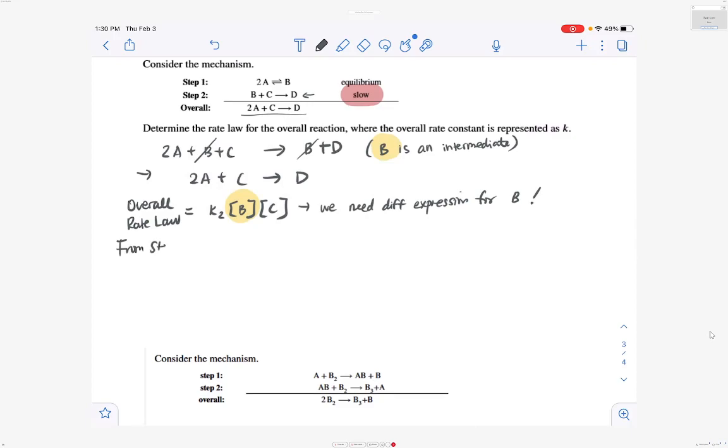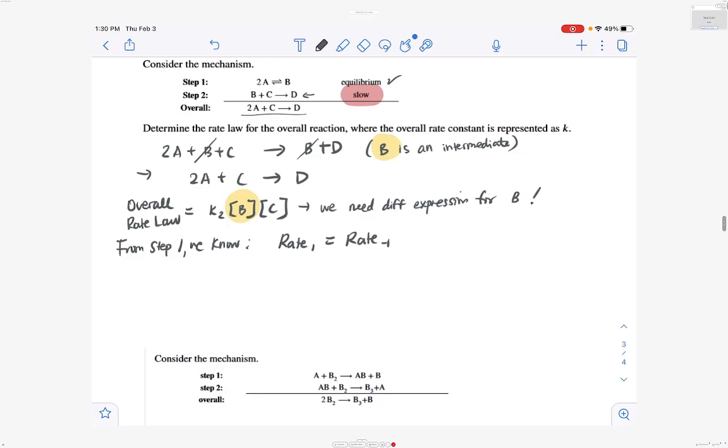From step 1, they already told us that this reaction is in equilibrium. So from step 1, we know that the rate of the forward reaction equals the rate of the reverse reaction.